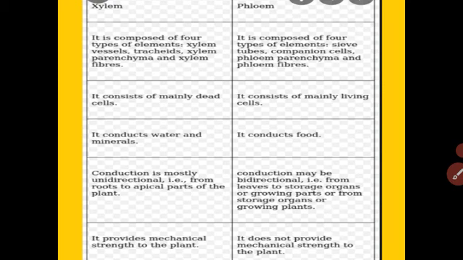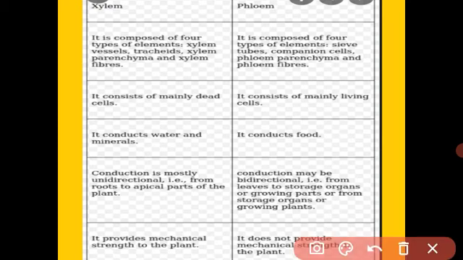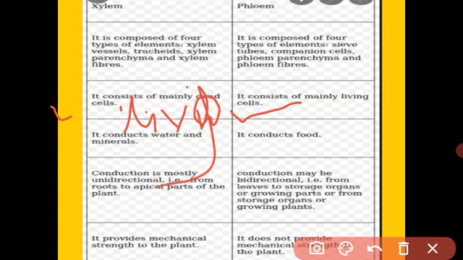And the phloem tissue also consists of four types of elements: sieve tube, companion cell, phloem parenchyma and phloem fibers. Xylem consists mainly of dead cells, while phloem consists of living cells. The vessels and tracheids are dead cells in xylem tissue. Only the xylem parenchyma is living tissue. But in the phloem, the sieve tubes and companion cells are living.